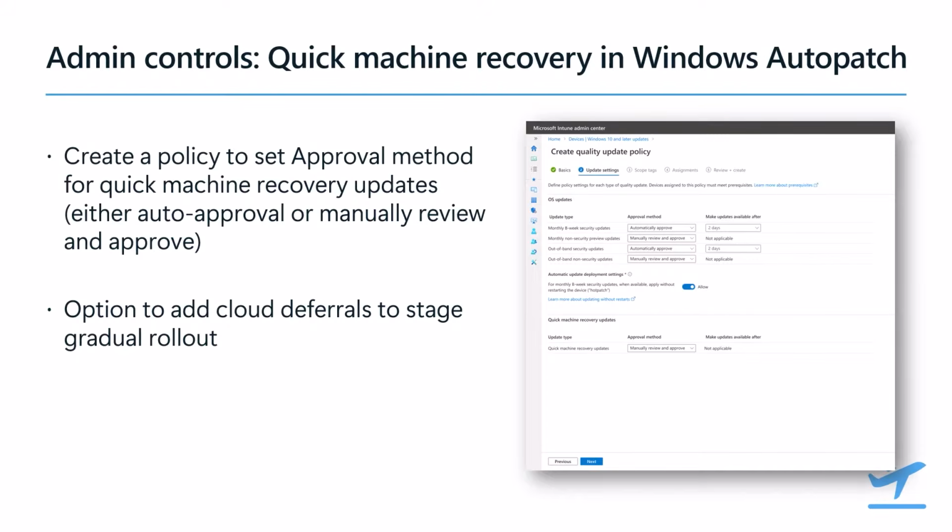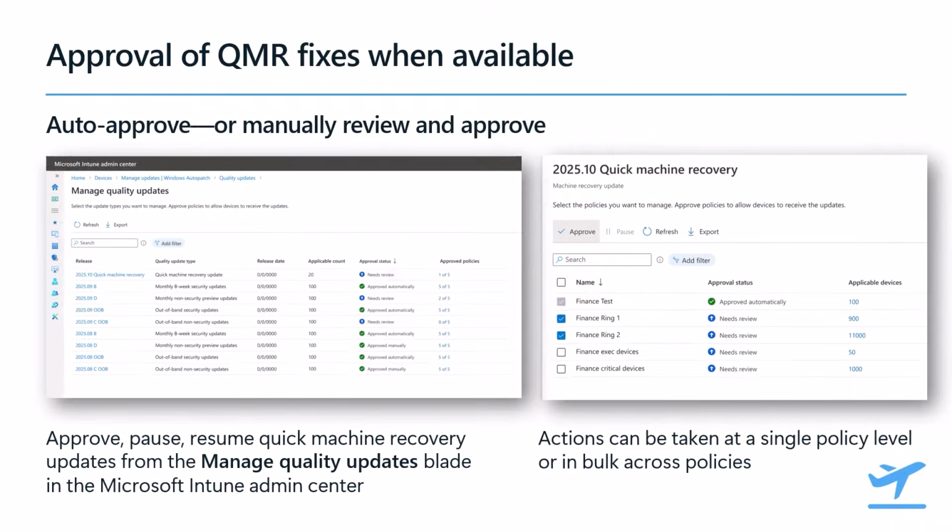The deferral will help you stage a gradual rollout if you want to have a gradual rollout for a test group of devices compared to the rest of your devices. Once the policy is created, this flow shows what's going to happen when a global boot failure incident actually occurs.